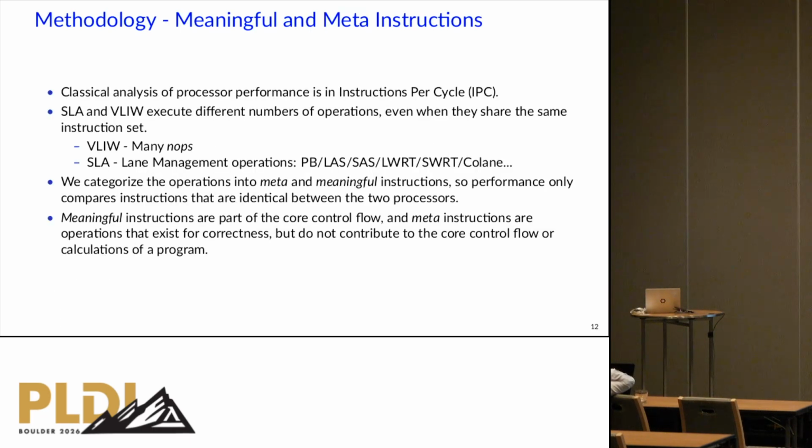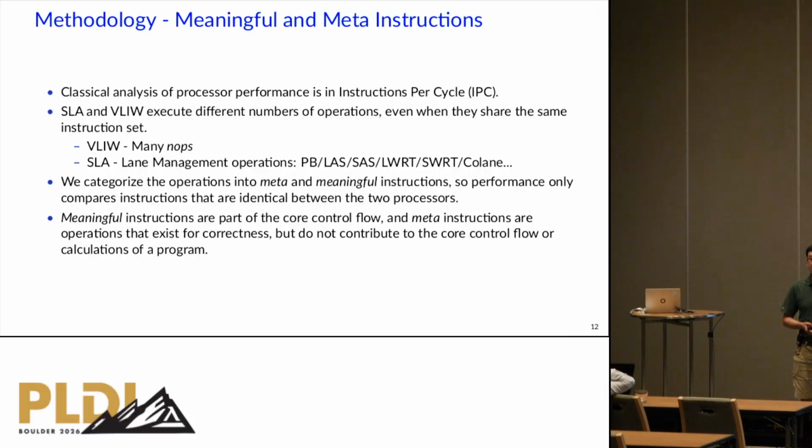One thing we had to do when we made this was figure out how to compare apples to oranges. Because we use a bespoke ISA, the ISA is the same between the VLIW processors and the SLA processor, but they still execute a different number of operations.